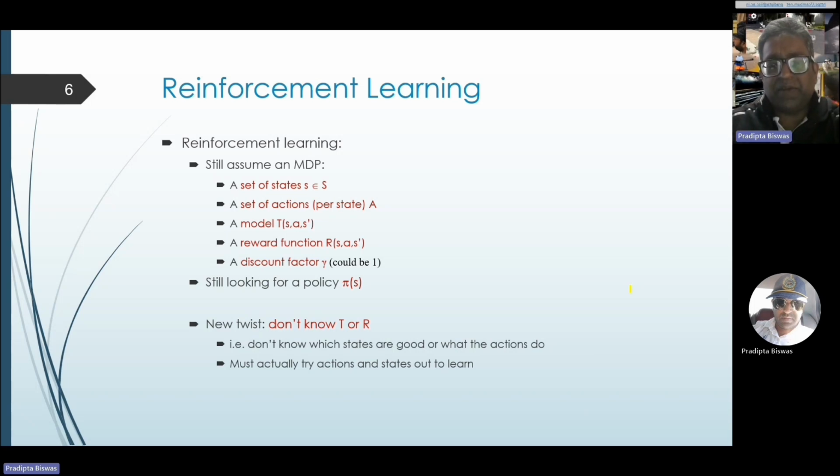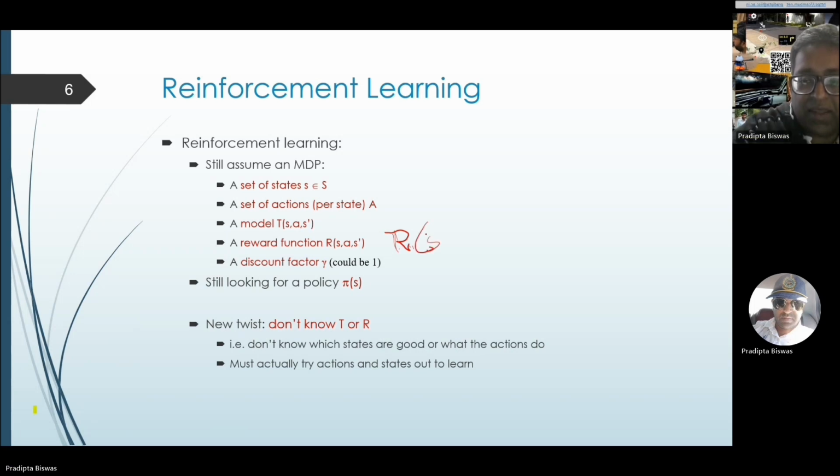In most cases, we represent the reward function as R(S), in some formulations. And in some formulations, we also put the A and S dash with the reward function, that is, the reward for the action, like the state transition probability matrix. It has a good advantage that I can use a similar matrix structure to store the reward also.